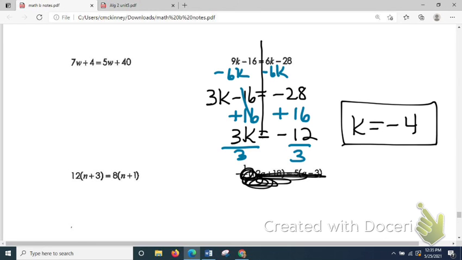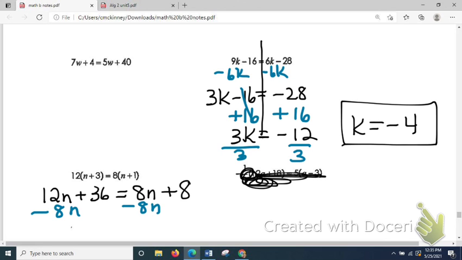12 times n, 12 times 3, 8 times n, 8 times 1. Get those variables on the same side. So I'll be subtracting 8n on both sides. Now I have 4n plus 36 is equal to 8.